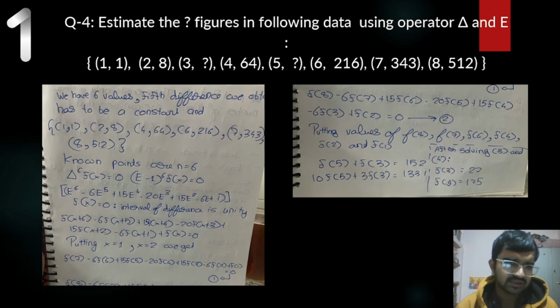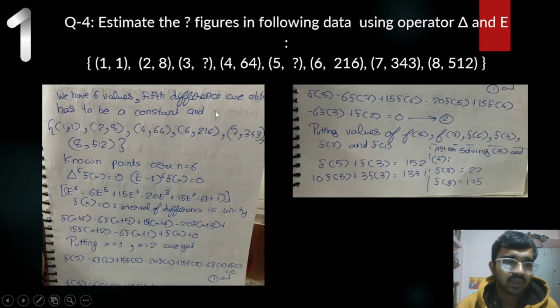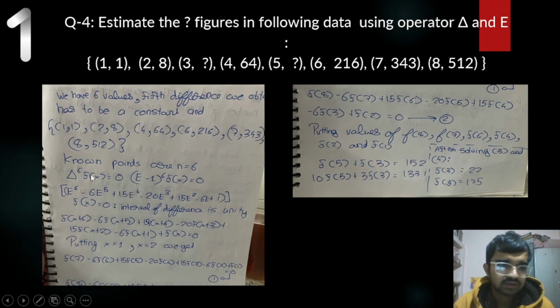We can clearly see that we have 6 known points, 1, 2, 3, 4, 5, 6, and we have 2 unknown points. So here we can directly use this formula.